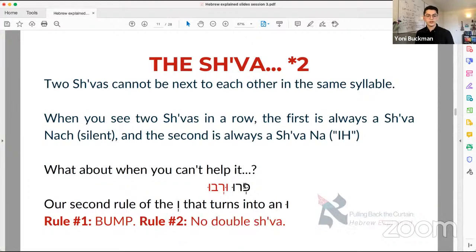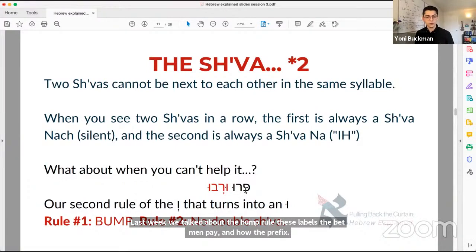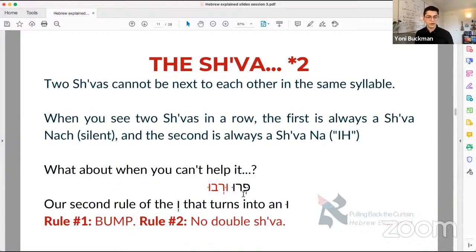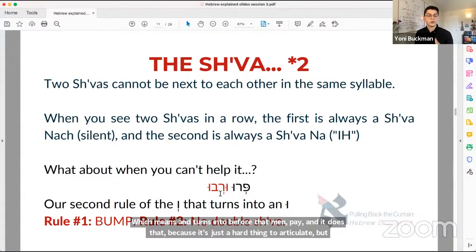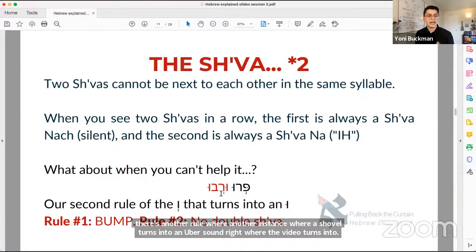But there's another instance where a shva turns into an u sound, where the v turns into u, and that's shown here in urvu. Remember, the shva cannot be its own syllable because it's not a real vowel. And so you would be forced, if this was a shva, to put those in the same syllable, but they can't share the syllable.